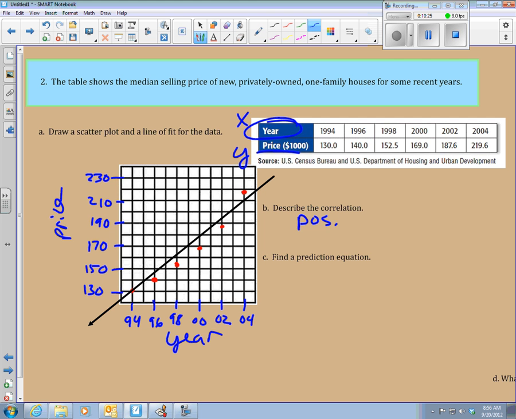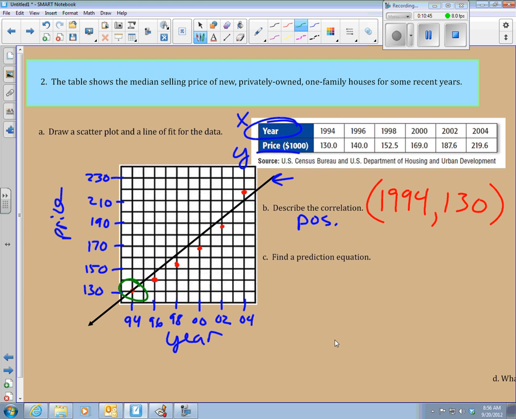And it says find a prediction equation. Well, we got our line of best fit here. Now we got to write a prediction equation for it. Now, the points I'm going to use to come up with it are this one, definitely, 1994 and 130. And I'm going to use this one right here.